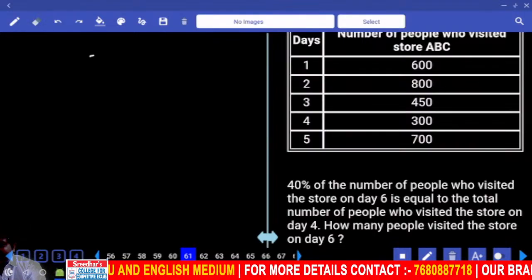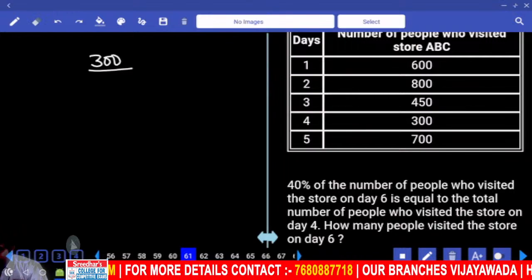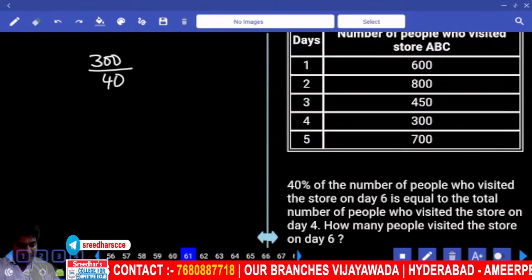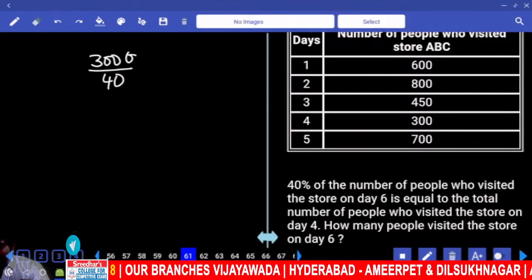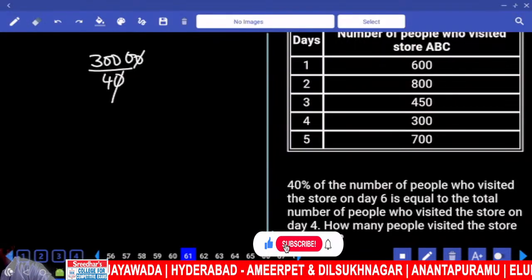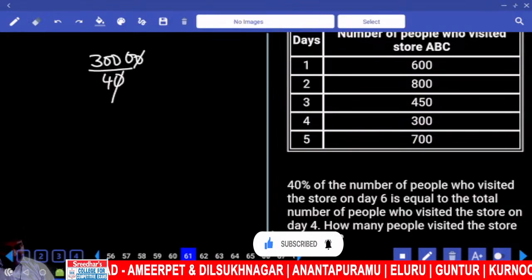Day 4, how many visited? Which is equal to 40%, right? Then 1% value by 40. The question is how many people visited the store on day 6? That means we need 100%, right? So we have to add 2 zeros. 0, 0 cancel. 3000 by 4. Half and again half. Half of 3000, again half. 750.